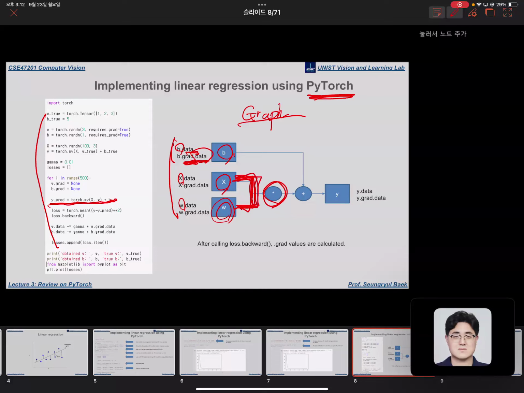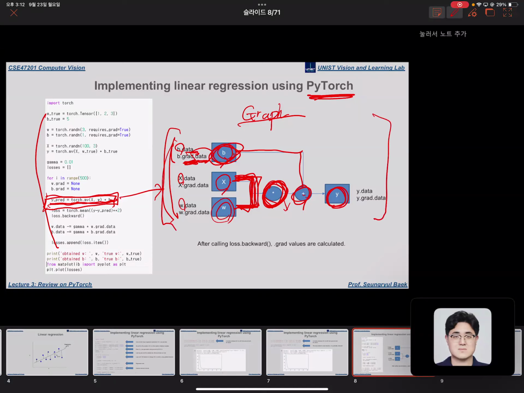X and W are connected with this multiplication, and this intermediate output is connected with the constant B with the plus operation, okay? And this is the output Y. So given this line of code, PyTorch somehow constructs this kind of graph.